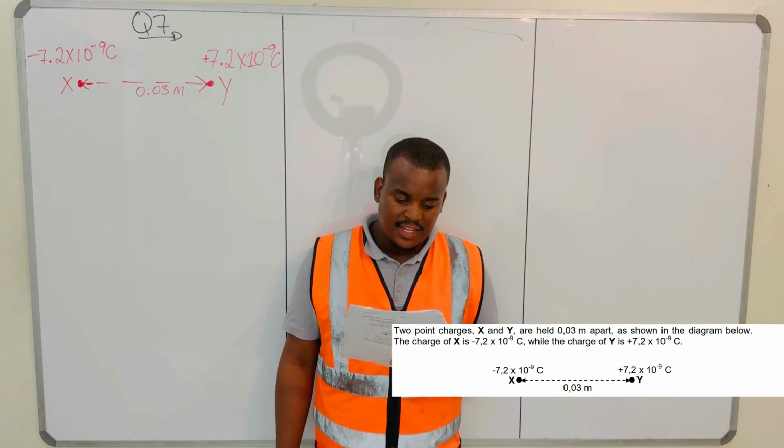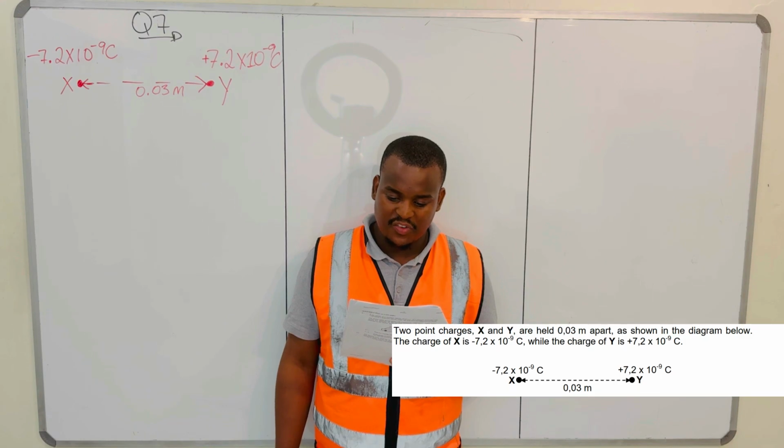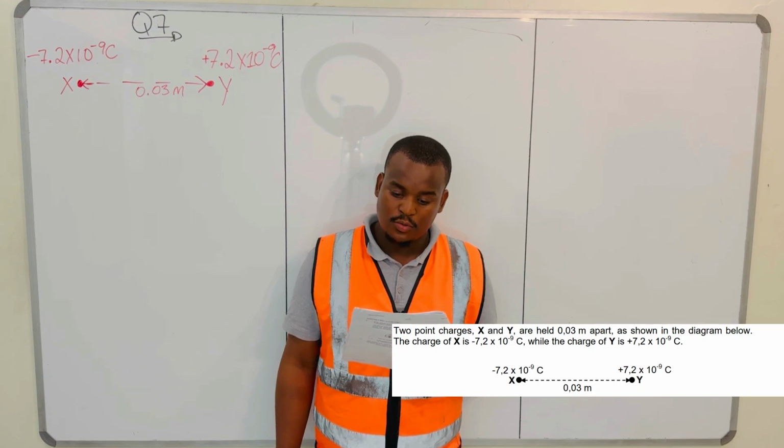Charge X is minus 7.2 times 10 to the minus 9 coulombs, while charge Y is positive 7.2 times 10 to the power negative 9 coulombs.